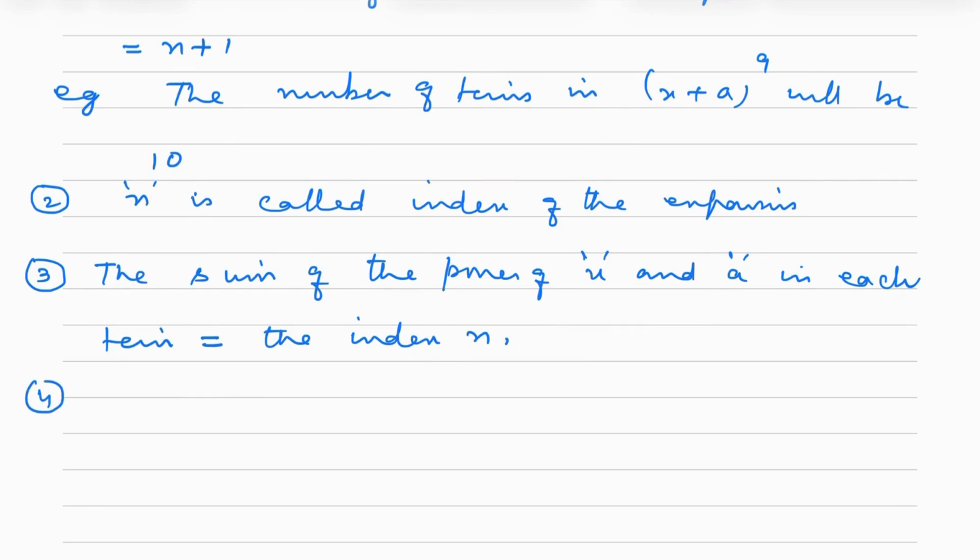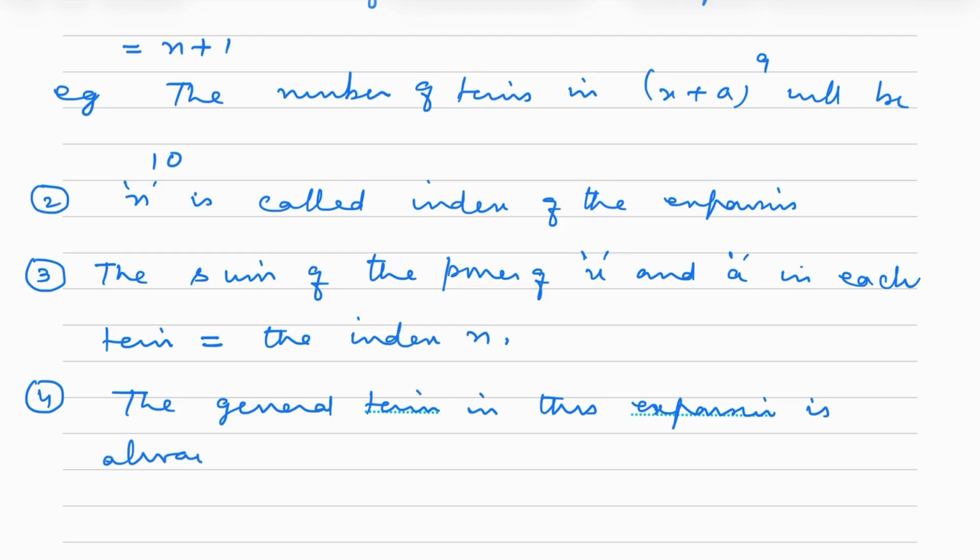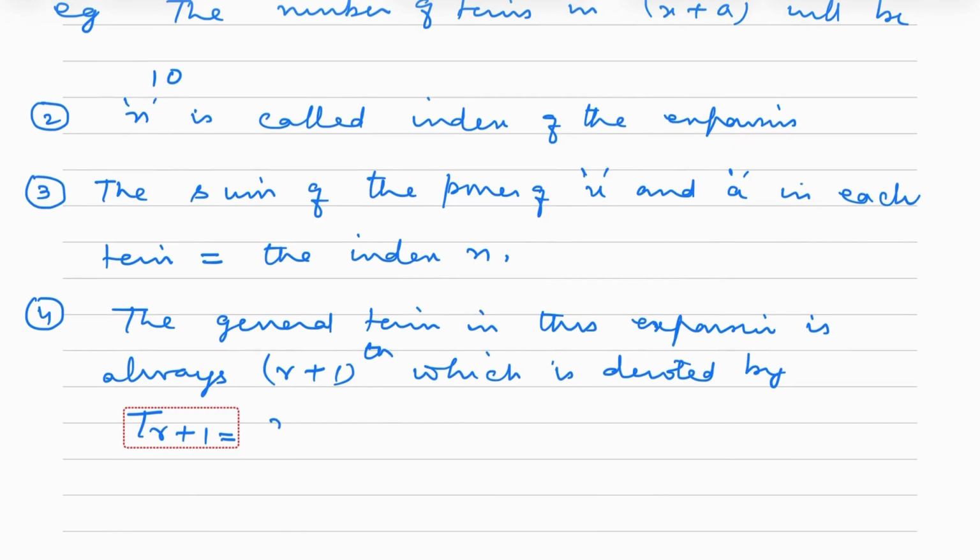Fourth point is, the general term, which is very useful, the general term in this expansion is always the (r+1)th term, which is denoted by T(r+1), which is equal to nCr x^(n-r) a^r.